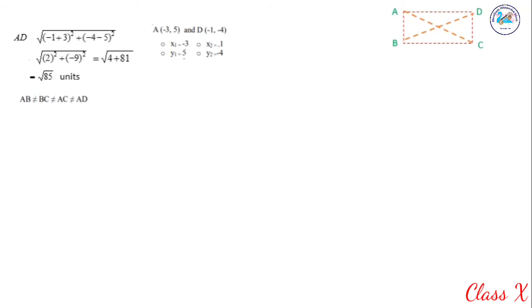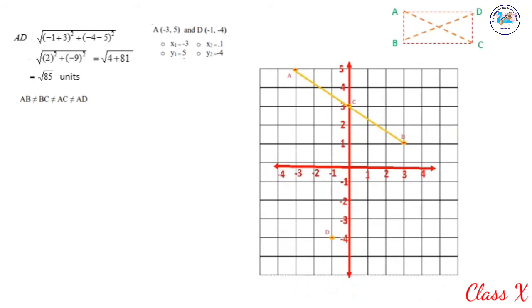Before going for conclusion, let us have a visualization of the given points in a coordinate plane. The given points I have marked in a coordinate plane. Here is the point A, that is minus 3, 5, and here is B, that is 3, 1, and this is C, that is 0, 3, and here it is D, that is minus 1, minus 4.